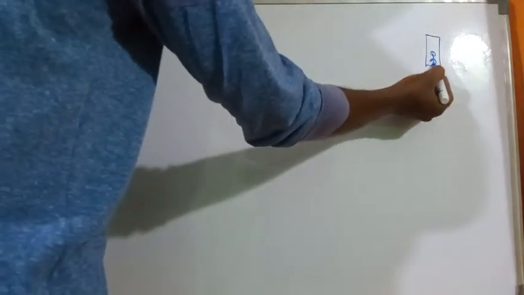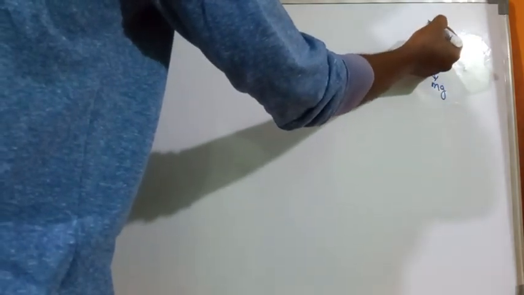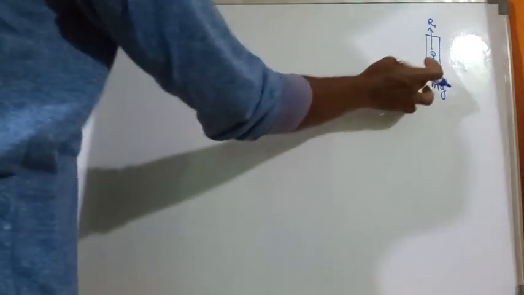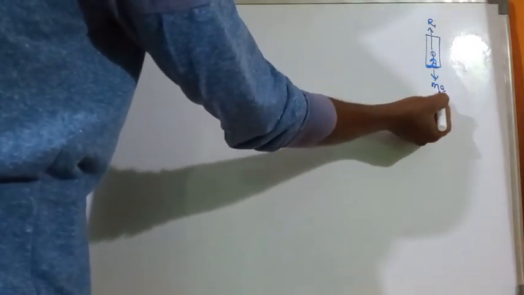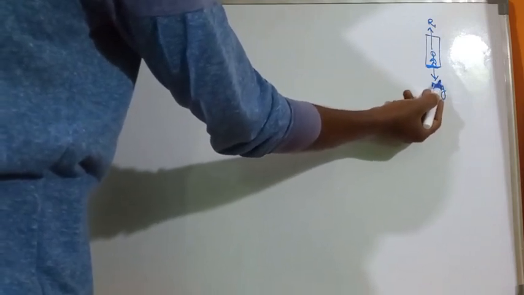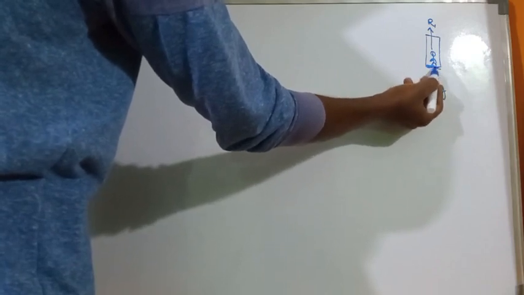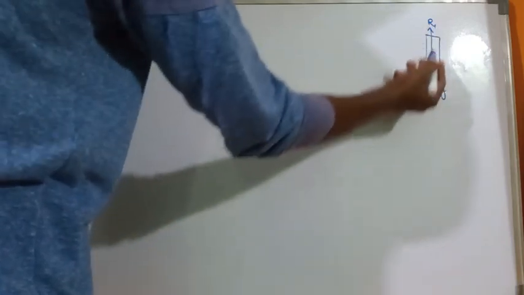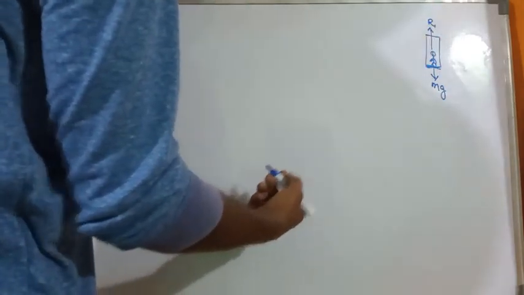Opposite to this, a normal reaction is acting, that is R1. Whatever force acts on this surface is mg because of the gravitational force, and the normal reaction is R1. You may take N1 also, that is okay.